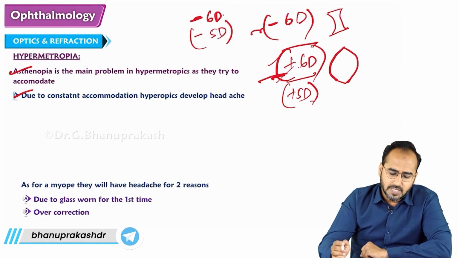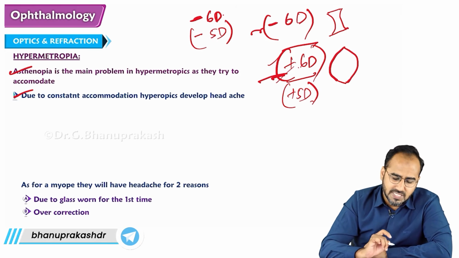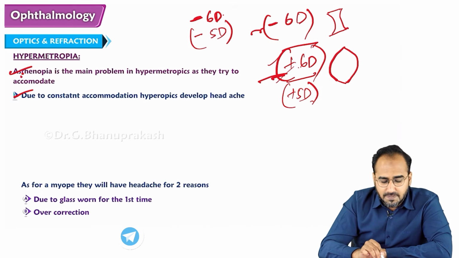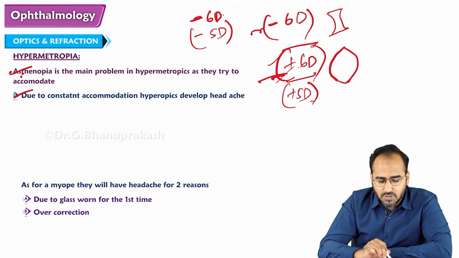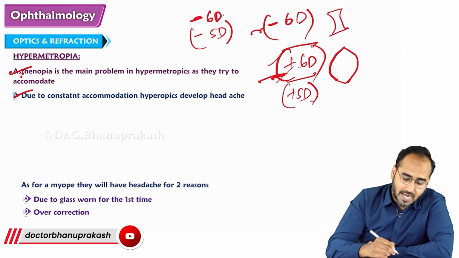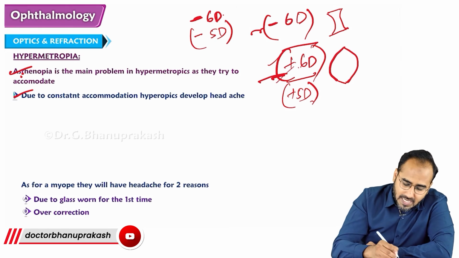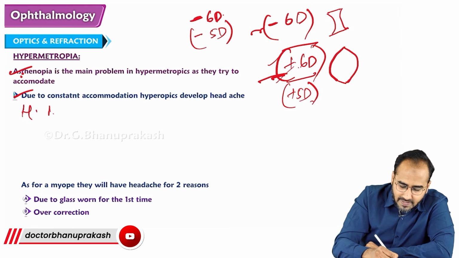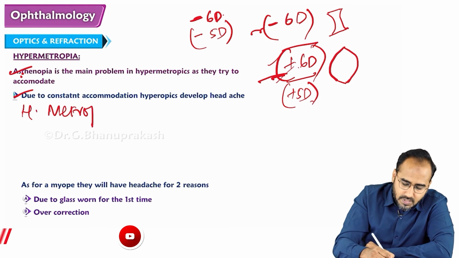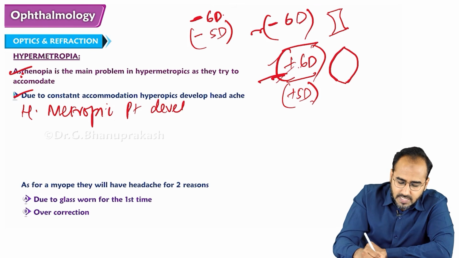Okay. So we are discussing the symptoms of hypermetropia as well as myopia. Remember, in hypermetropia, asthenopia is the main problem. Why? Because as they try to accommodate, due to constant accommodation, hypermetropics develop headache. I told you the patient will develop a squint. Which squint do hypermetropic patients develop, guys?